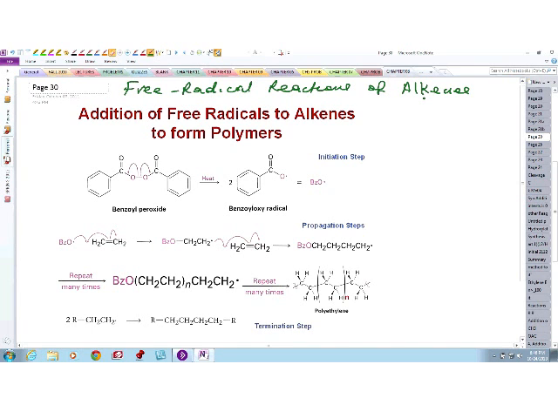So now let us briefly discuss the free radical reactions leading to the formation of plastic polymers. So I would say free radical reactions of alkenes to give plastic polymers.